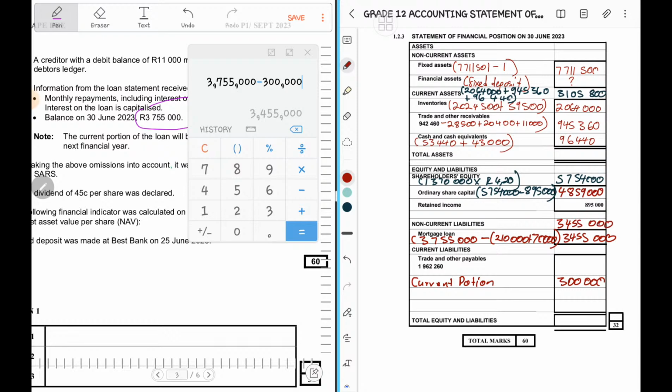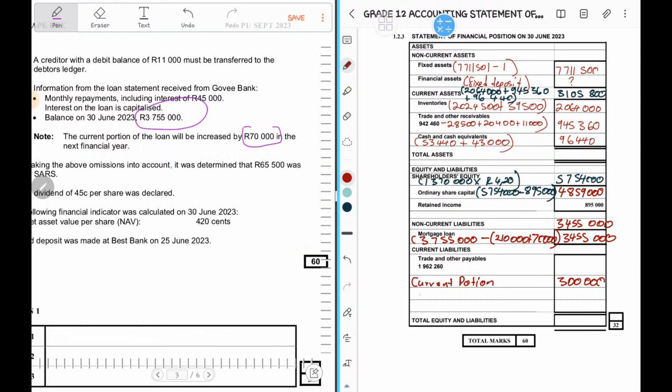Okay. Then next up, what do we have to show? The SARS income tax. So this one is simple. But then we are not yet done with the trading and other payables.